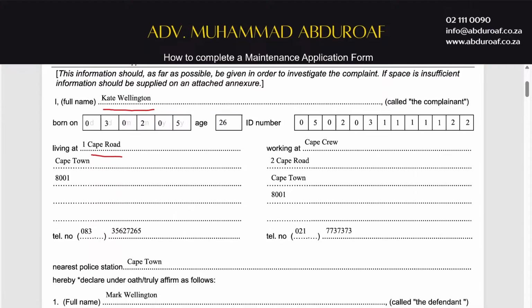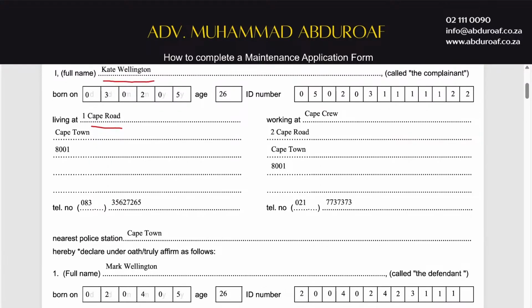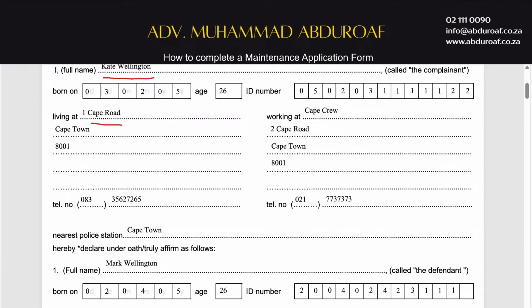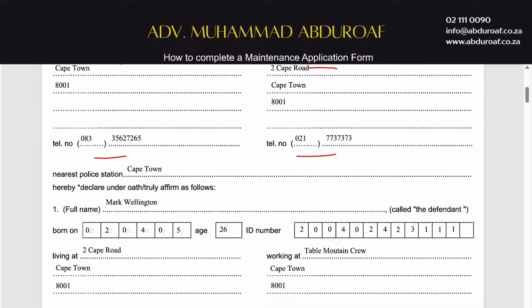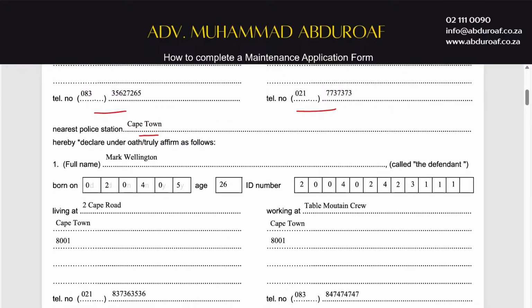I do not think that is a road in Cape Town, but be that as it may, I've included that. I've provided her work details, telephone number for her home, and for her work as well. So that's what is required. The form further requires your nearest police station. I said Cape Town. Now that's where your details come in, the applicant or the parent claiming child maintenance for your minor child.